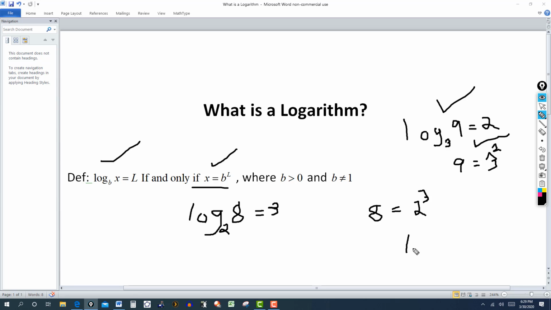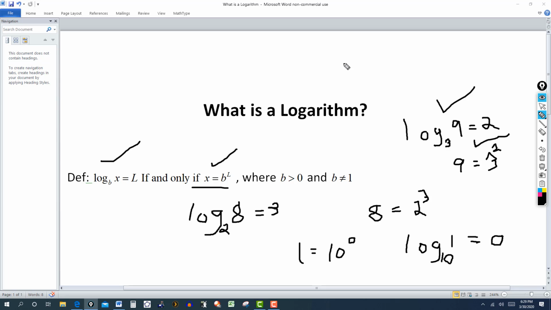One more example. Let's try the log of 1 to base 10. That's simply saying 1 is equal to 10 to what power? Well, we know that 10 to the 0 is 1. So this is going to be 0.